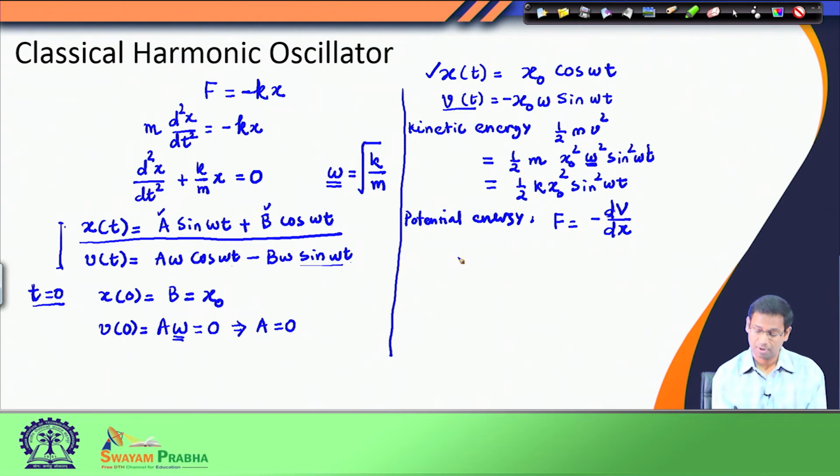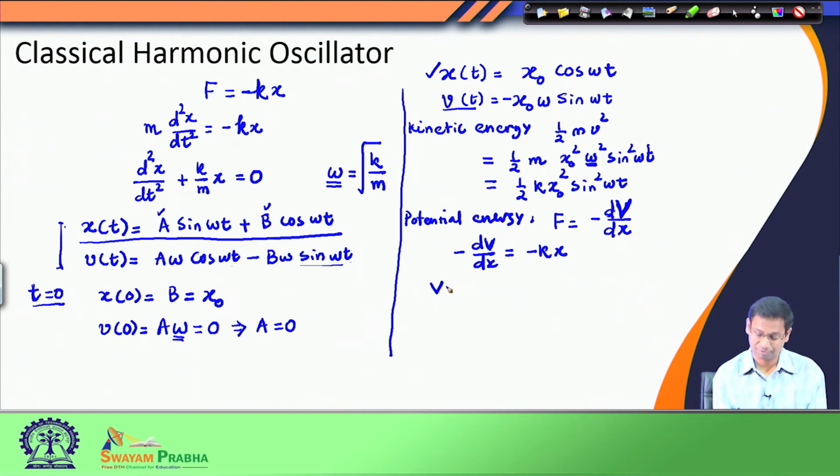So, therefore, minus dV by dx, where capital V is the potential energy, dV by dx is force, is minus kx.